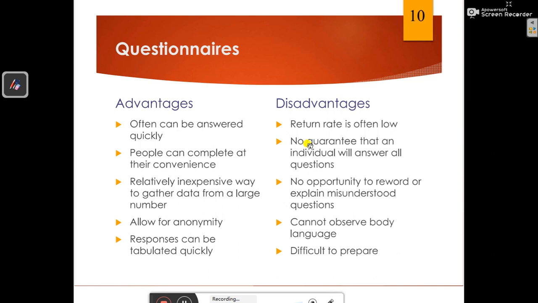Obviously, there is no opportunity to reword or explain misunderstood questions, because suppose you have put some question in the questionnaire and some people might understand it wrong, so there is no way to make them understand after the respondent has the questionnaire. Also, you cannot observe body language, which you can observe in person, and it is difficult to prepare those questions. So those are the disadvantages of the questionnaire.